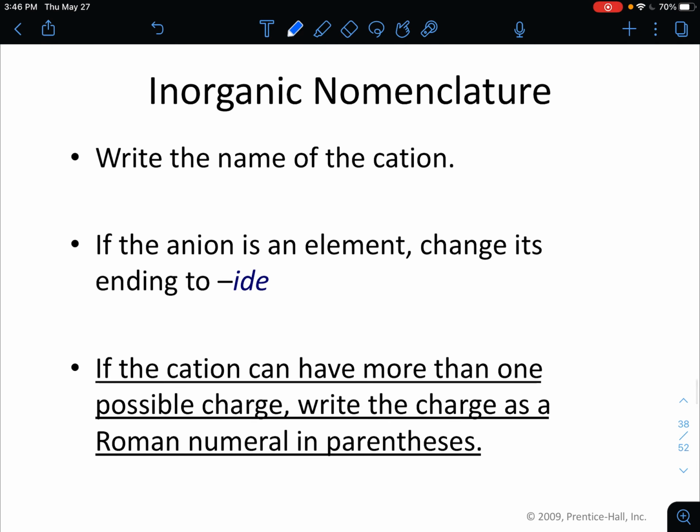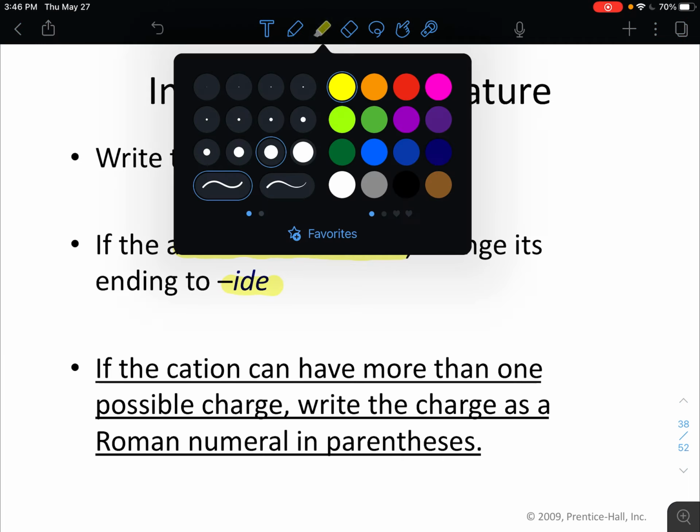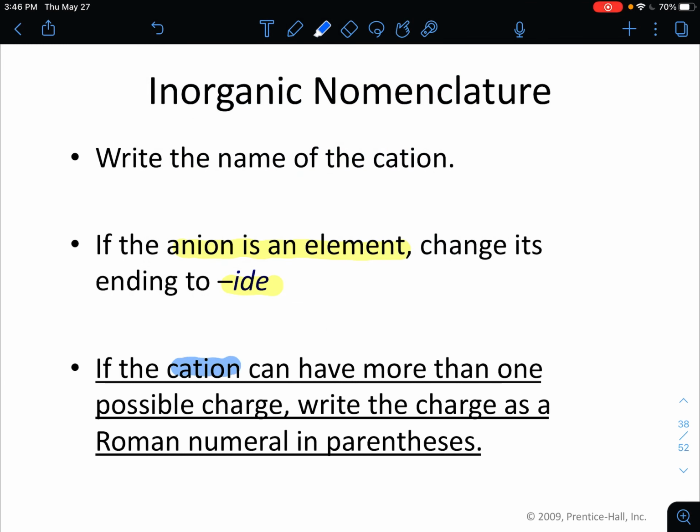So the next thing that we're going to deal with are all of the other possible cations. So we're going to go back to just having anions that are single elements and IDE as their name, but now we're going to use the metals that are in the center of the chart, what we call the transition metals, and these are cations that can have more than one possible charge.